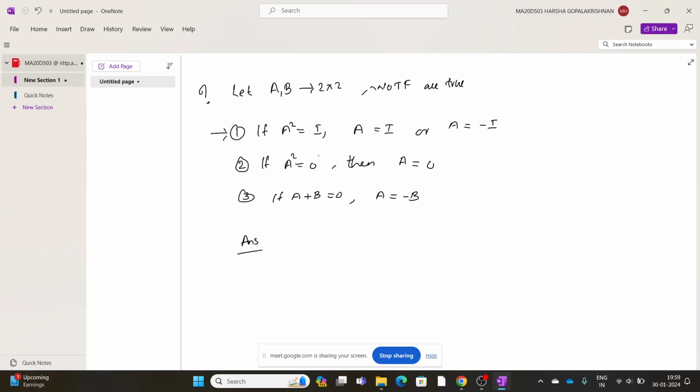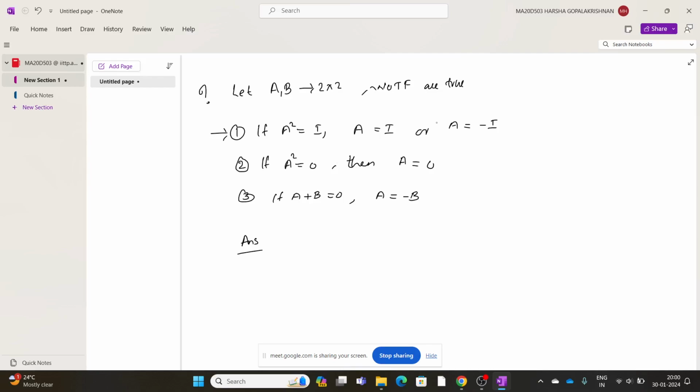It can be invertible, it cannot be, that we don't know. But if A square, we can write it as A into A, where one is A and the second can become B. And if AB is equal to the identity matrix, then both have to be the identity matrix.